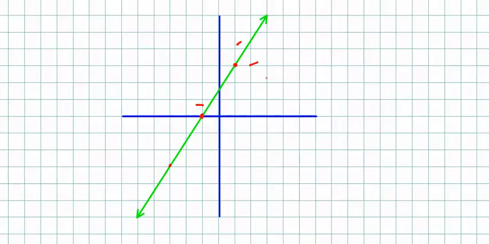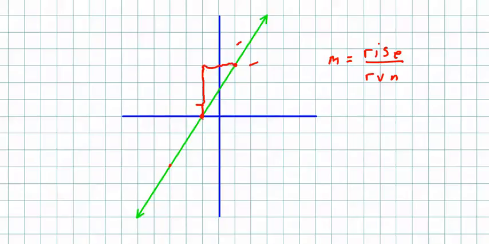All right. Now, my slope is the rise over the run. And what I like to do is from one point, I draw a line up and then I draw a line over.